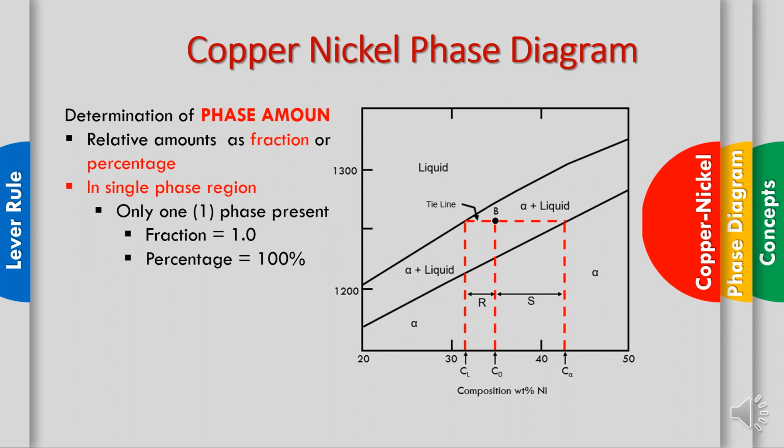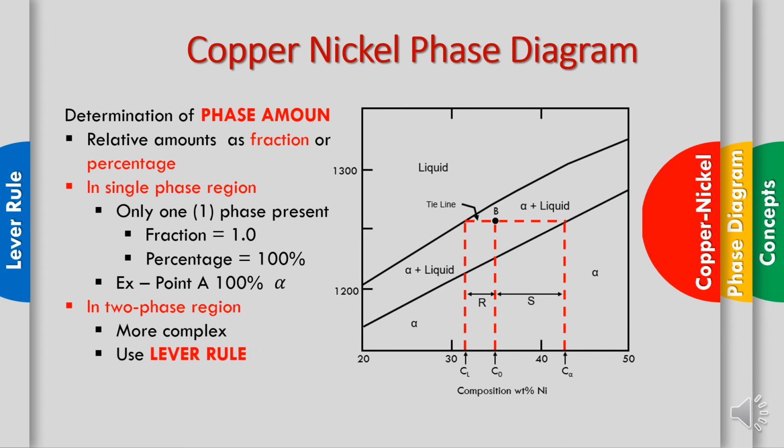So in the two phase region we need more calculation. It is more complex in terms of percentage, not difficult. We cannot get the value straight away, but we need a certain formula to calculate. This is where the lever rule comes in to help get the phase amount.